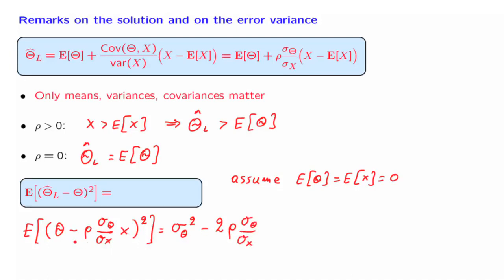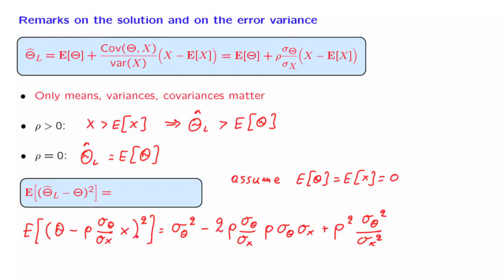And then we are going to have the expected value of theta times x. Because we assumed zero means, the expected value of theta times x is the covariance of theta and x, and the covariance is rho sigma theta sigma x. And finally, we have a last term, which is rho squared sigma theta squared divided by sigma x squared times x squared.